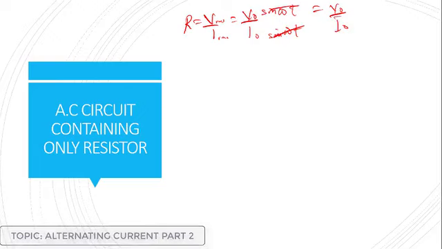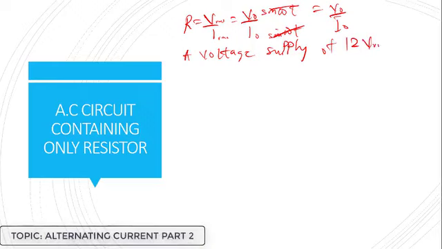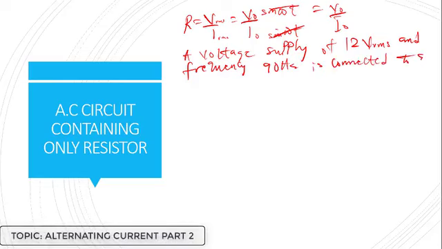Let's take a question. Here from this question, we have that a voltage supply of 12 volts RMS and frequency 90 Hertz is connected to a 4 ohm resistor.